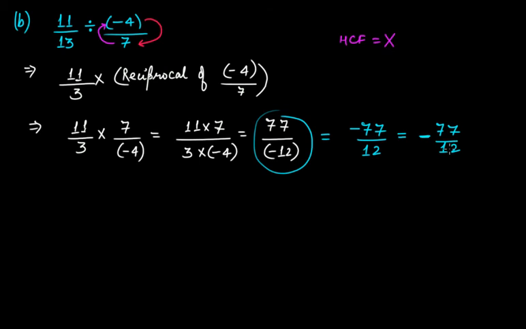And how? For that, you have to watch our previous videos. Okay, I have discussed this particular point in addition of rational numbers, in subtraction of rational numbers, and in multiplication of rational numbers.